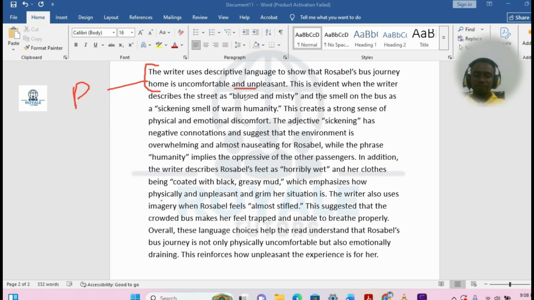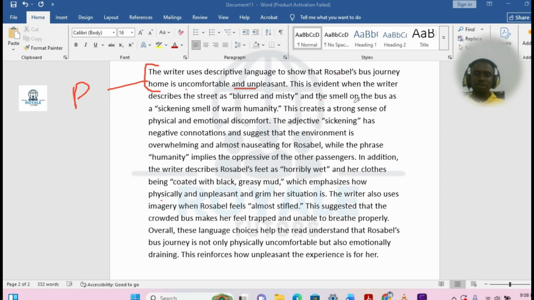Like I said, one of the things that helps you get a very good score on this question is when you use accurate evidence, in other words, quotes from the extract to buttress your point. Don't say one point and then get a quote that is not directly talking about it.